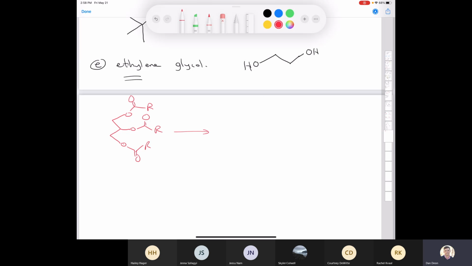And when you hydrolyze a fat with sodium hydroxide, and this is something that we'll look at later, you end up with, in this case, 3 carboxylates, but you also end up with this molecule. So you have 1, 2, 3 carbons, and you have hydroxyls on all of them. And this is called glycerol, which again is a byproduct of fat hydrolysis.